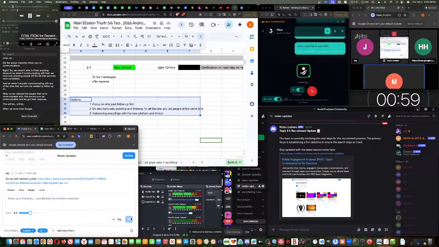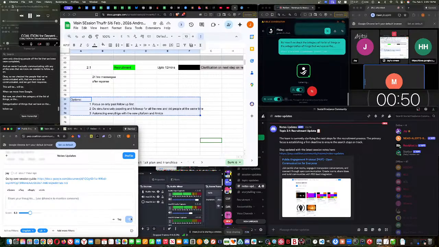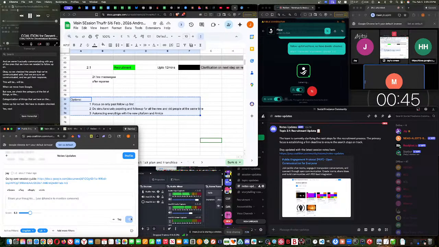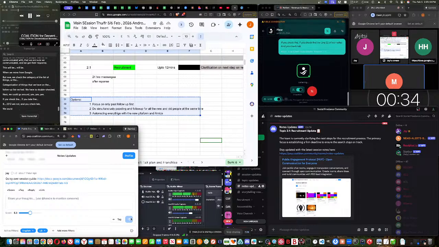But now, if you check the categorization of things that we have on the follow-up list, we have double check, which was yes. Next recruitment round, yes. If you check line 22 of our notes and you check the tab recruit transfer list and high priority, so we check columns F and G, you will see it there.